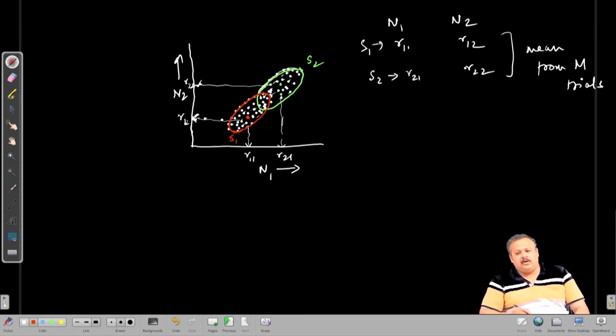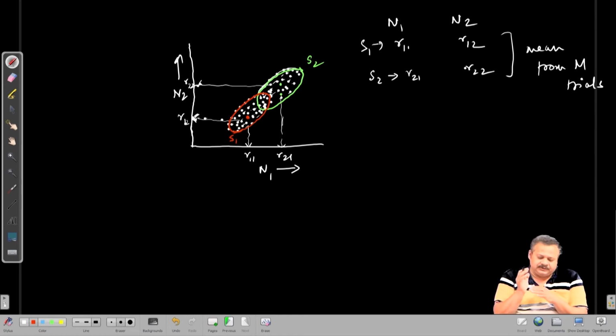So, depending on how strongly correlated the variation of responses of S1 and S2 are, that will determine how much overlap we have in this particular region.